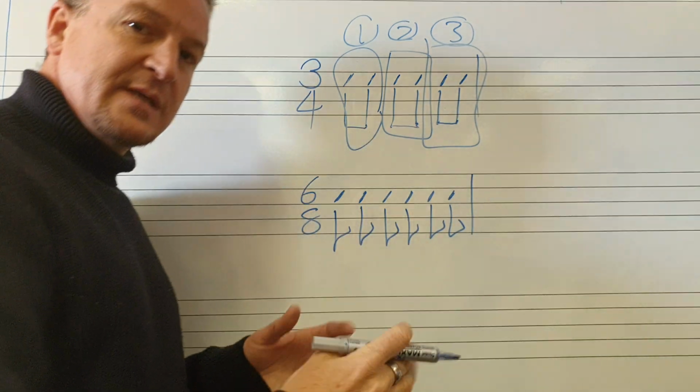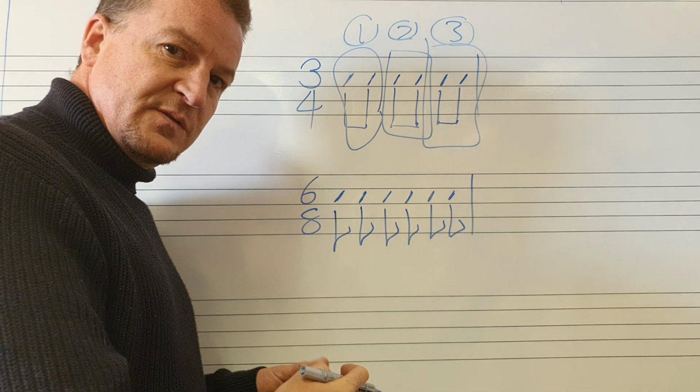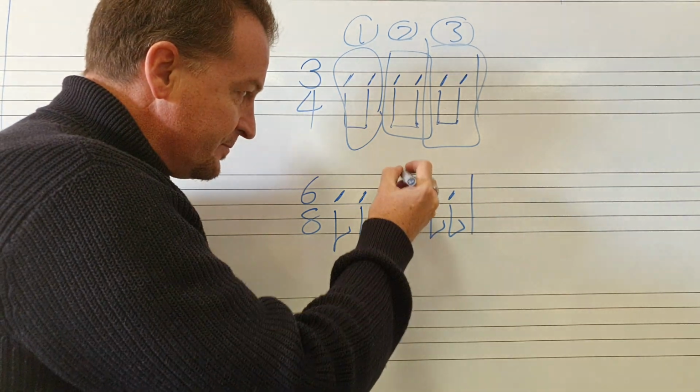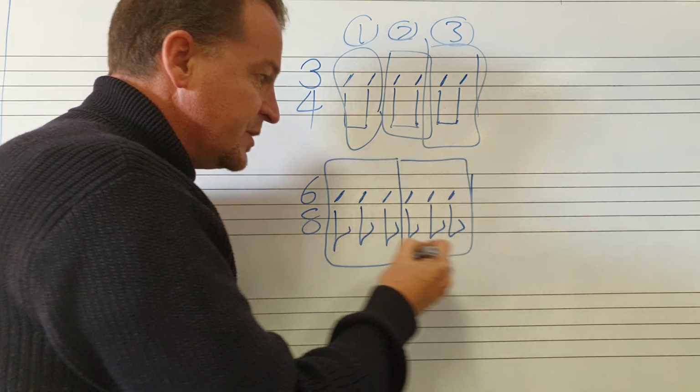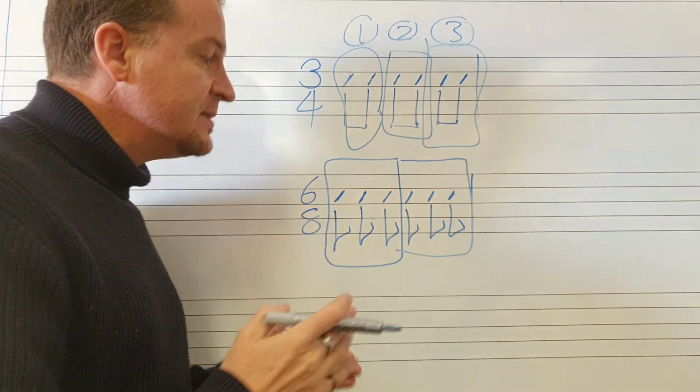But now let's have a look at compound duple. Same amount of quavers, but you're looking for 2 groups. So logically, that's group 1 and this is group 2, because now you're looking for 2 groups and not 3 groups. Can you see the difference?